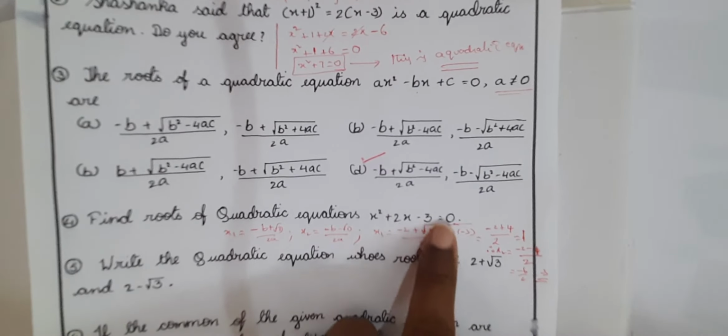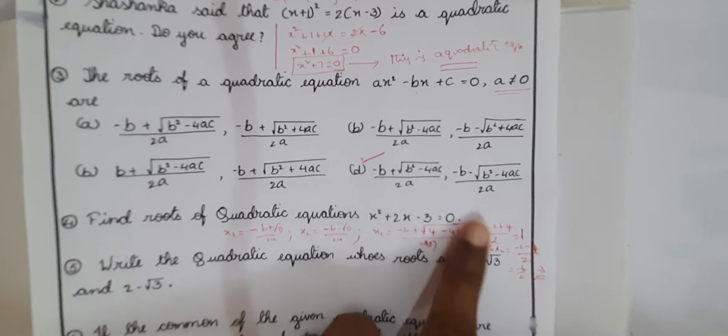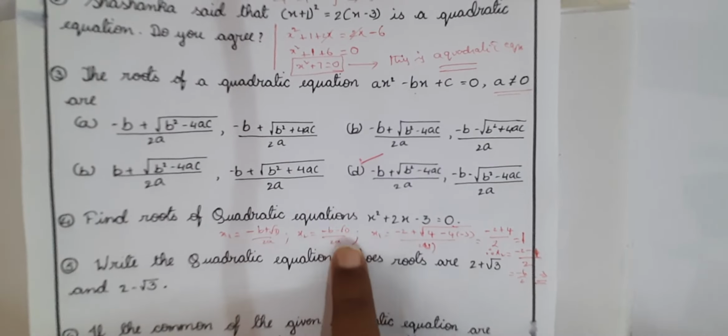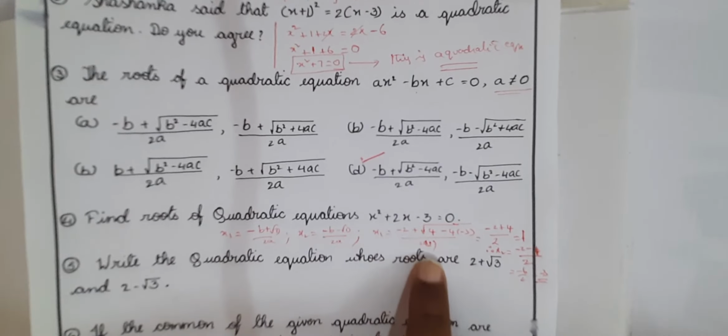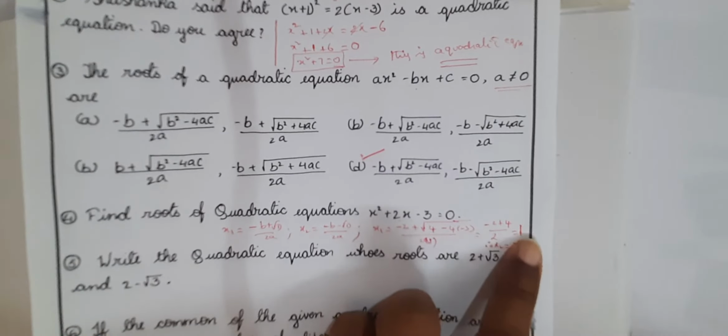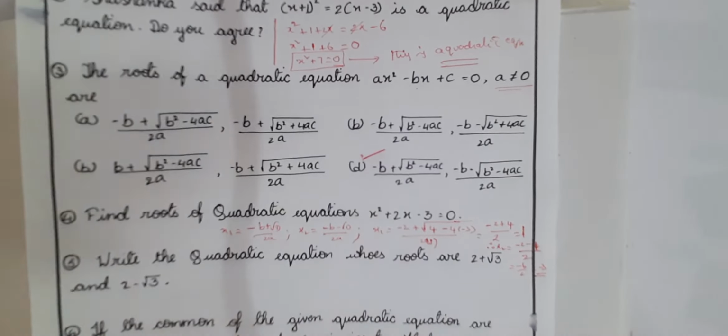By 2a, that is 2 × 1, 4 + 12 is 16, whose square root is 4. So the root of the discriminant is 4, and in both roots you will be getting that. So (−2 + 4)/2 is 2/2, equal to 1. The other root is (−2 − 4)/2, which is equal to −3.